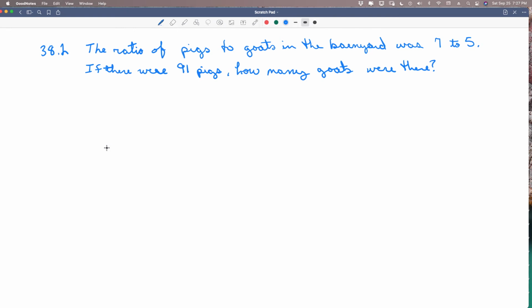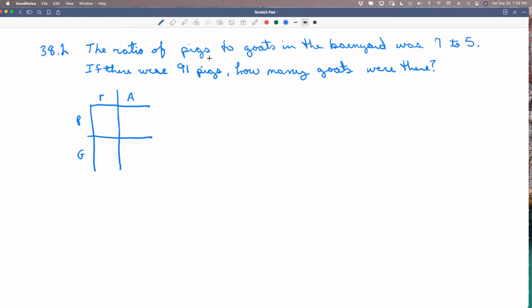This is the grid method that I was taught, and it works really well. You're going to create a little grid, with a side for the ratio and then a side for the actual number. Then you list what you have on the ratio. So we have pigs and we have goats. The ratio of pigs to goats was 7 to 5.